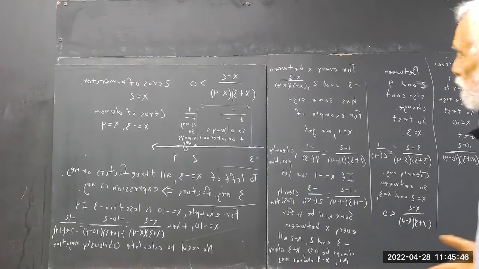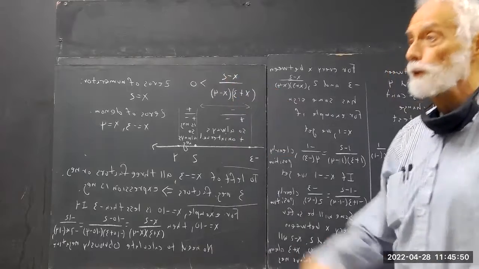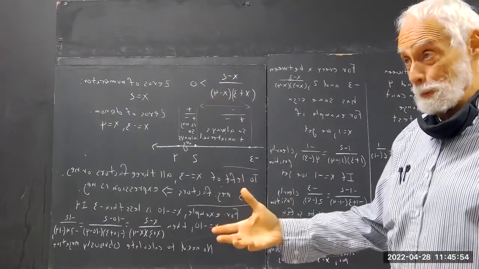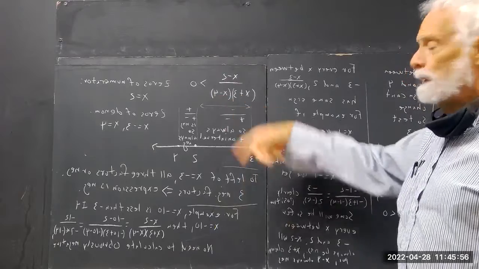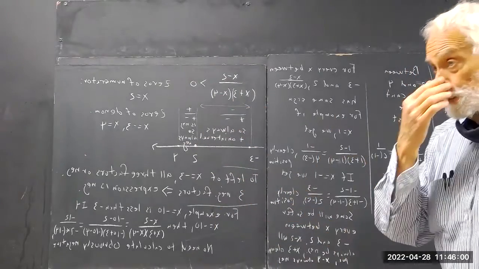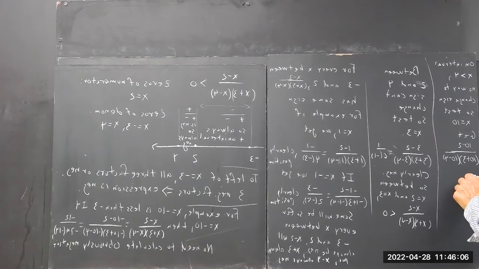If x is bigger than 4, you subtract 2 from it, it's positive. Subtract 4 from a number bigger than 4, it's positive. Add 3 to any positive number, it's positive, right? So there are lots of ways to think about it. Now, it's a little unnecessary to calculate, but why not?